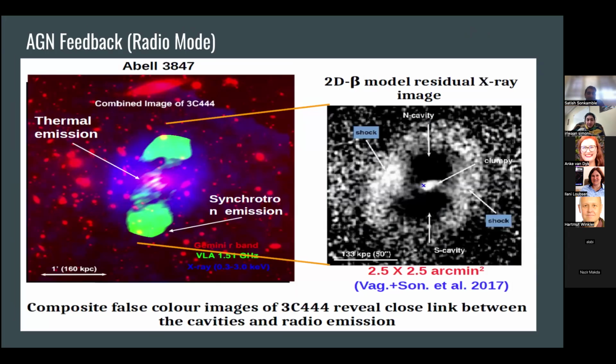Yes, it's about selection effect. But so far, the cavity sample is a mixture of groups, clusters, and ellipticals. So it's not a particular one, because it's a mixed sample actually.